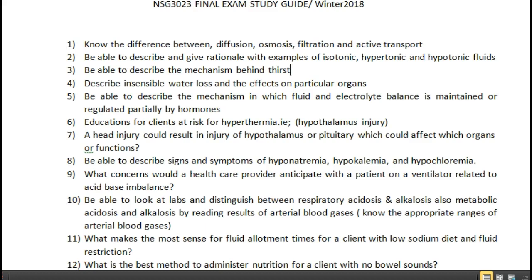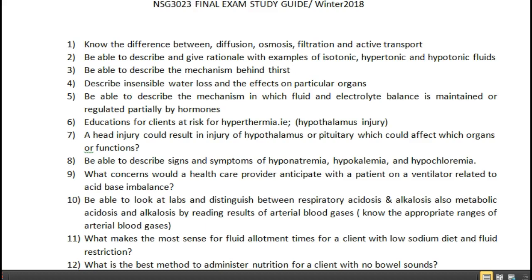Be able to describe the mechanism in which fluid and electrolyte balance is maintained or regulated partially by hormones. Okay. The antidiuretic hormone acts on the kidney, and it causes a person to hold on to fluid.